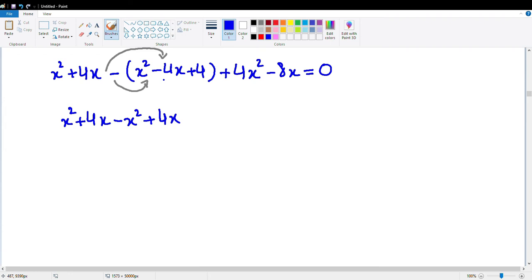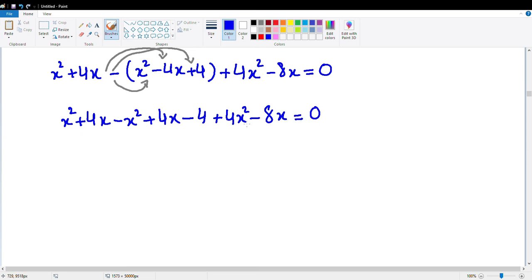So we get 4x plus 4x. And then it also multiplies with plus 4. When minus multiplies with plus 4, the sign will change: plus multiplied by minus, we get minus, so minus 4. And we have plus 4x squared minus 8x equals 0.